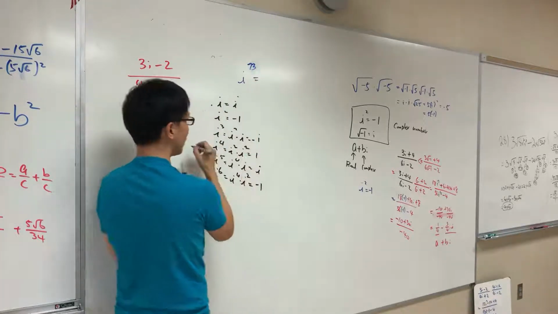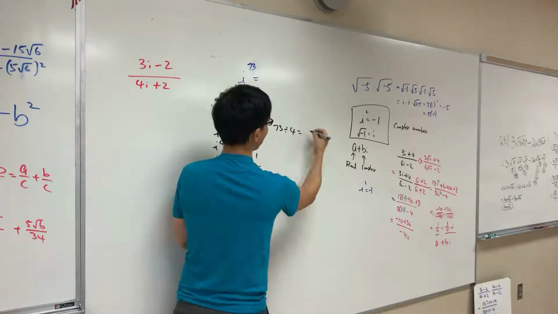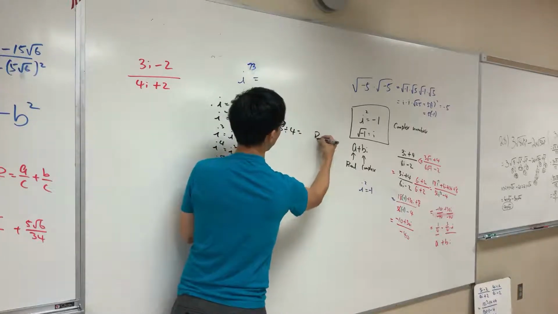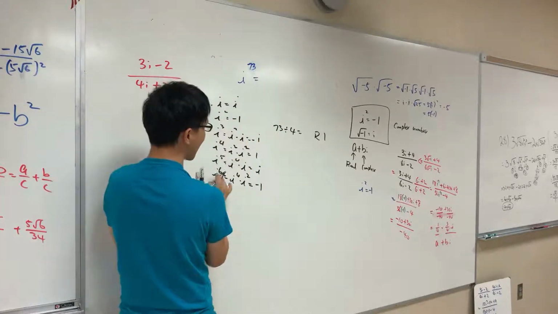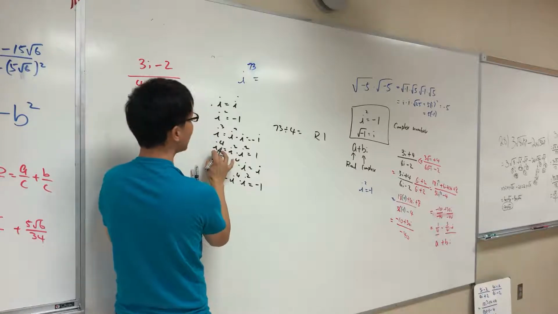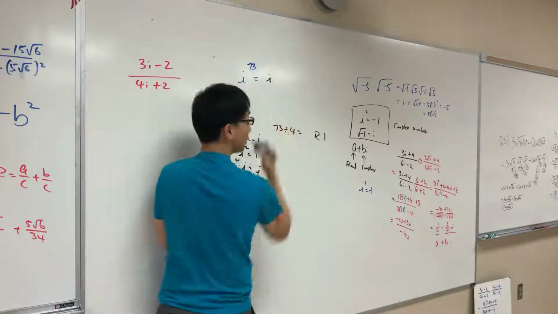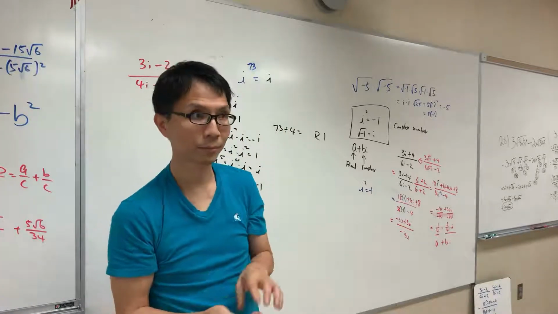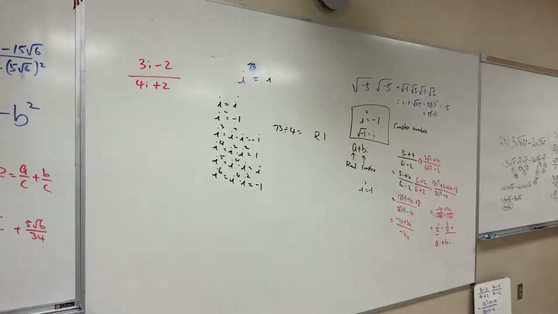73 divided by 4, what's the remainder? Remainder is 1, right? So that means the 72nd power is right here, and the 73rd power is what? i. Done. What? Sure.